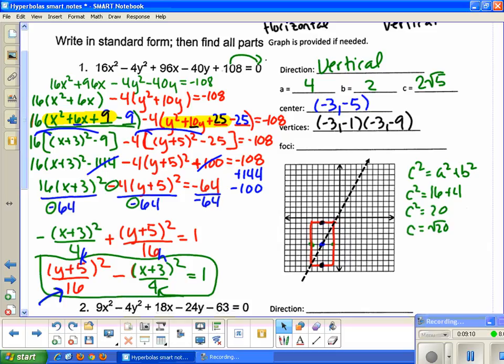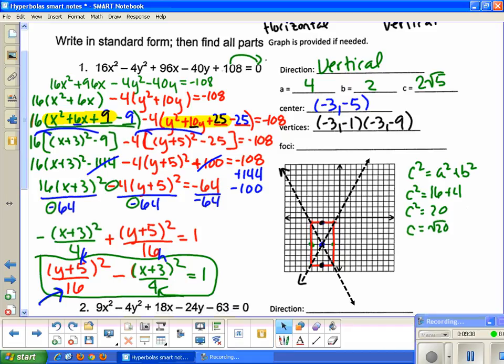So that's one of my asymptotes, and then the other asymptote will be on the other side of the corners of the box. So here we go. So that's my other asymptote. And remember that helps us guide our graphs.